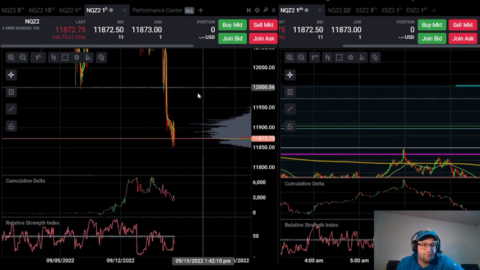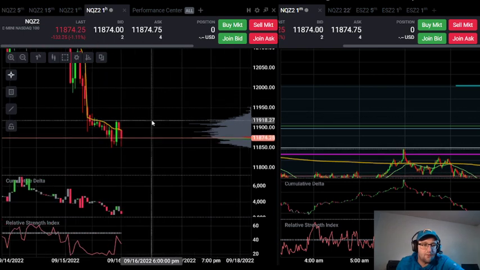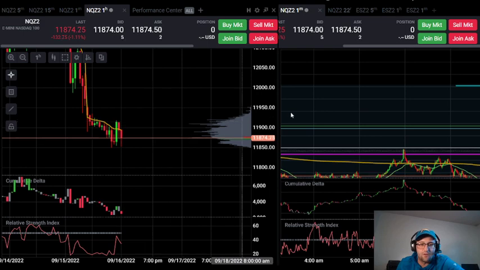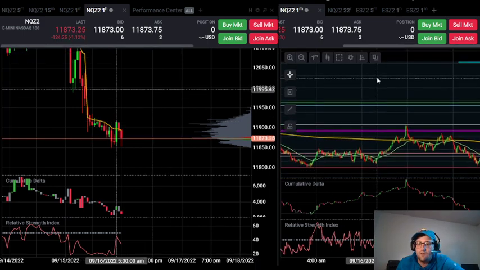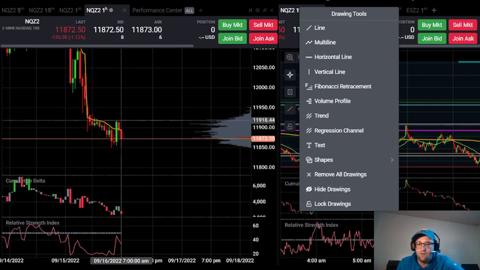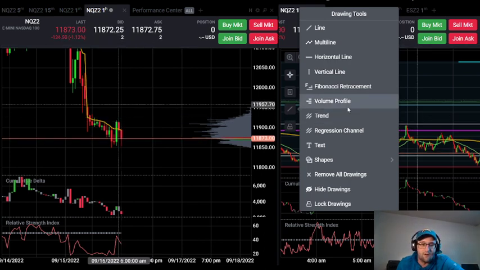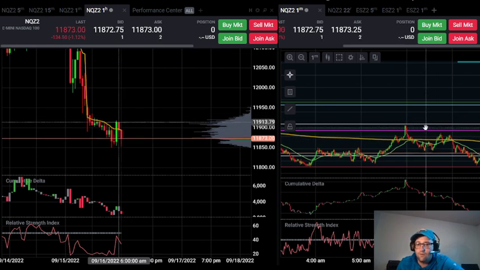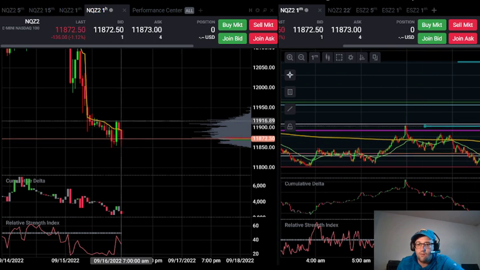Let's see. Honestly, we kind of have to identify this as a level, so we're gonna say 915, and that's pretty much right above the overnight high. And we got a nice little line right there, and we're going to do that.